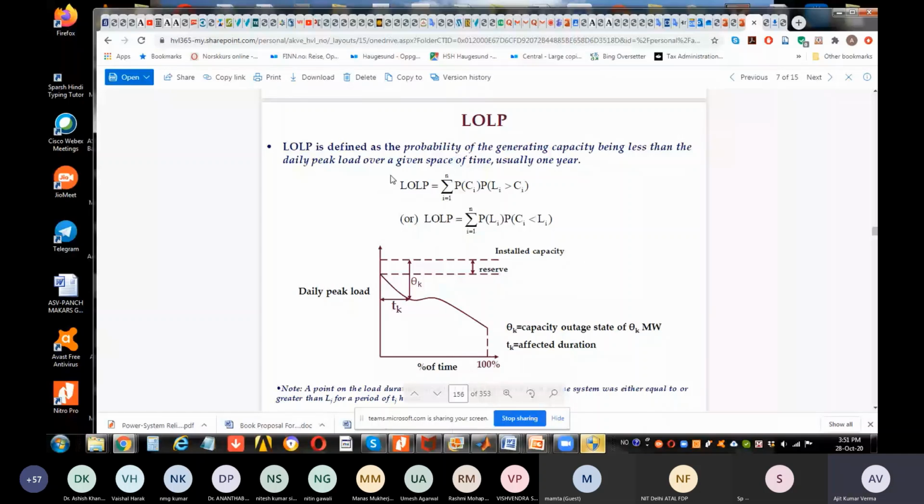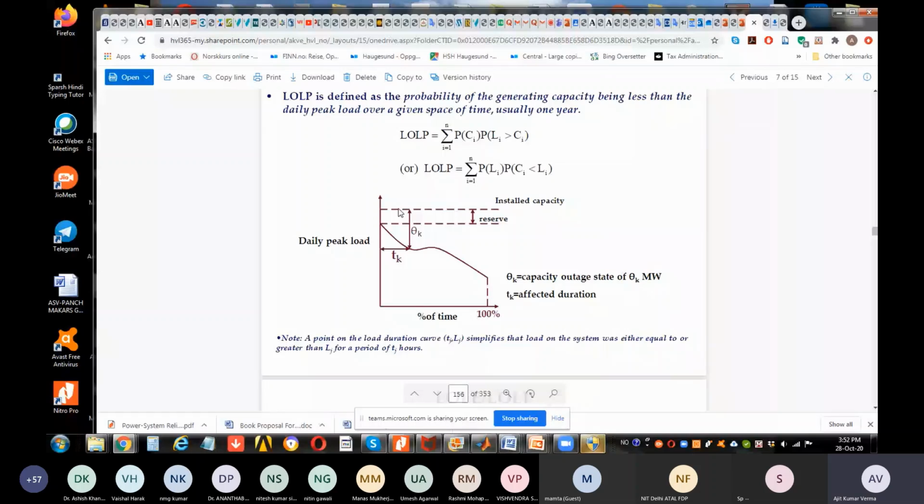Let's say this is the installed capacity, and this is the peak load. This is of course the reserve that we have. This is the peak load, and over and above there is some reserve. So that's the installed capacity. Because of certain outages that happen, your installed capacity reduces to a certain level.